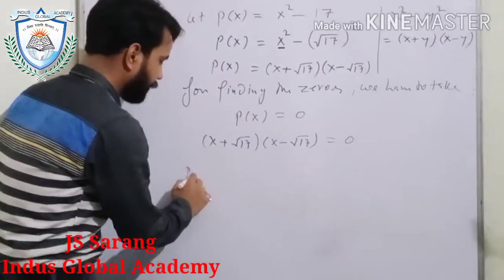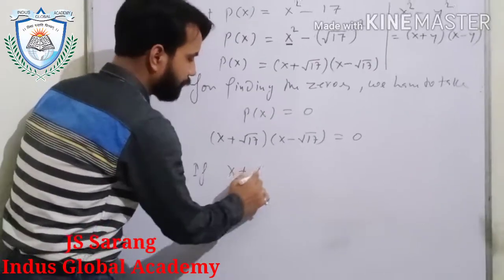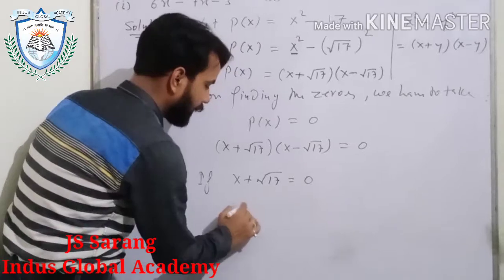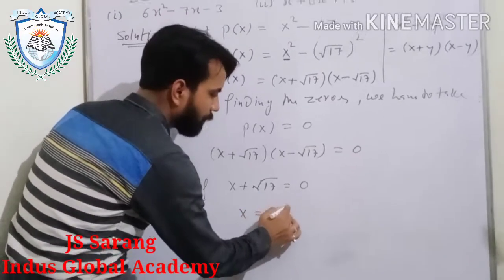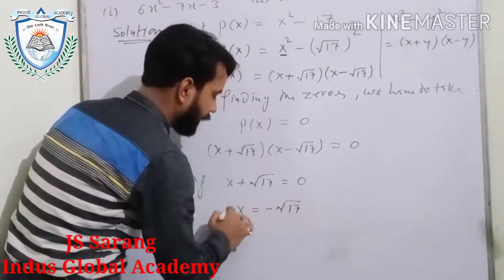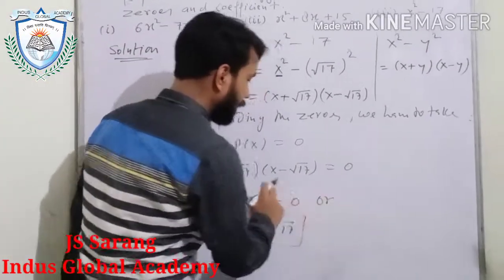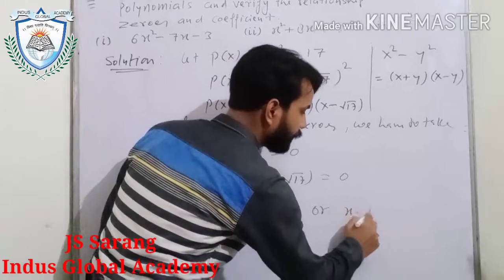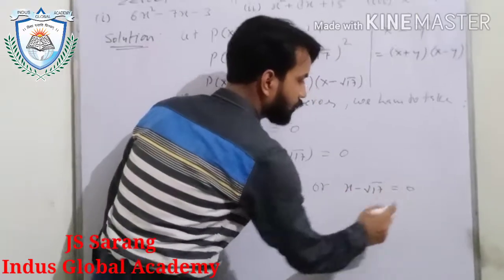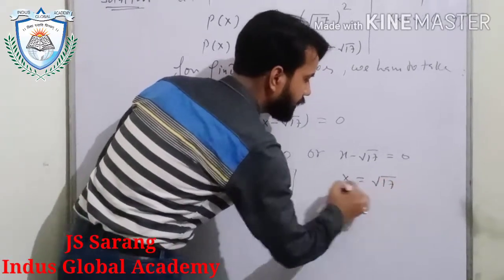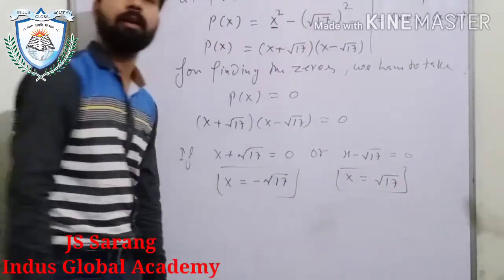So if x plus under root 17 equals 0, then the value of x will be minus under root 17. Or x minus root 17 is 0, so from here we get x equal to positive under root 17.